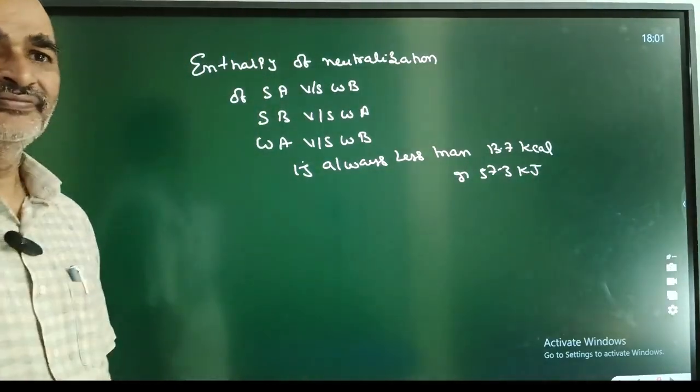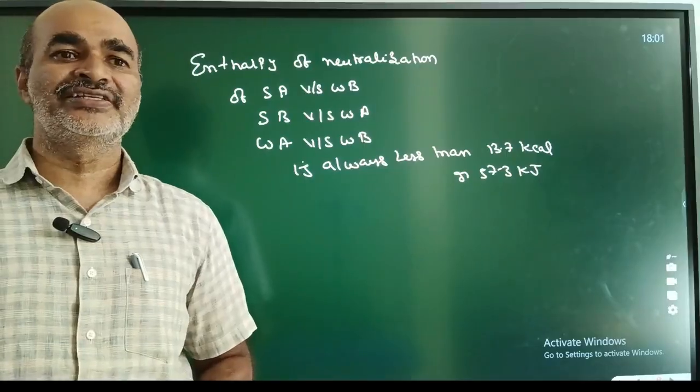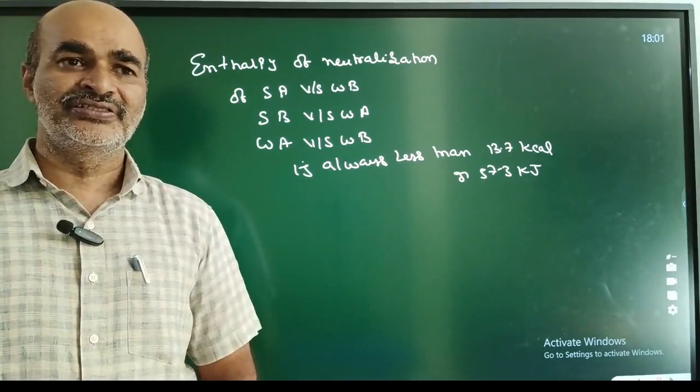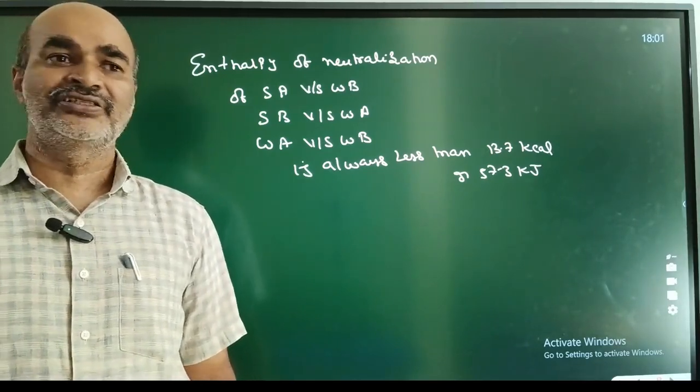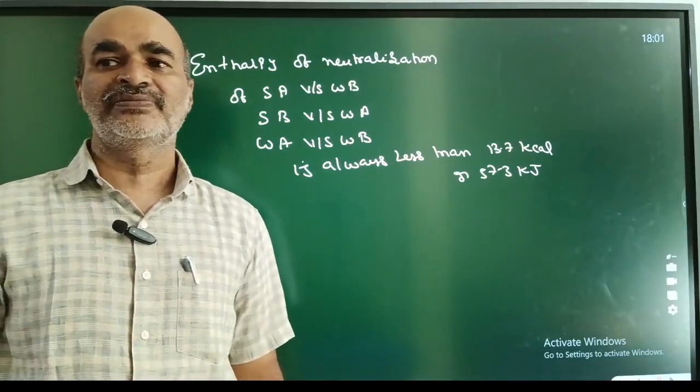If you take strong acid with weak base, or weak acid with strong base, or both weak acid and weak base, the enthalpy of neutralization is always less than 13.7 kilocalories per mole.